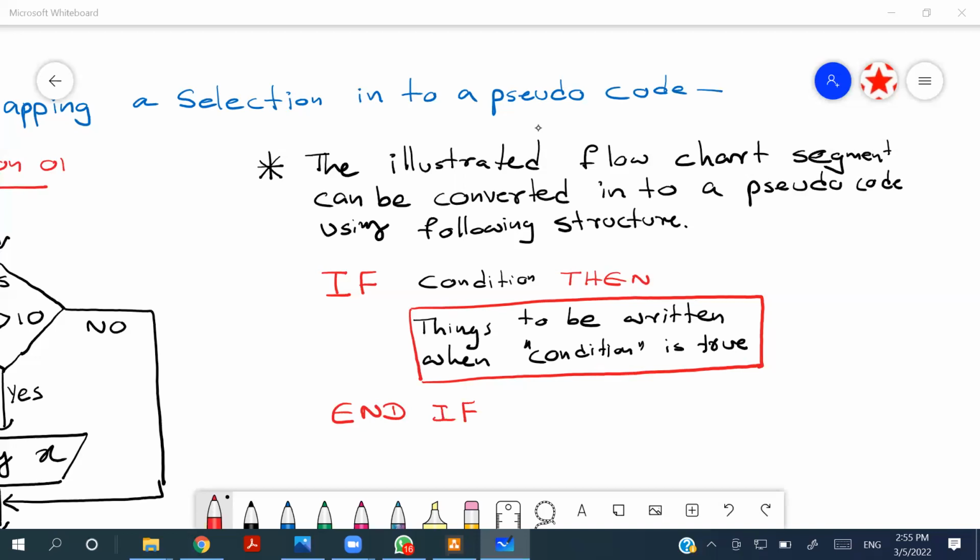All right, is there anyone who is still writing this? Okay, Ravindu, hurry up.